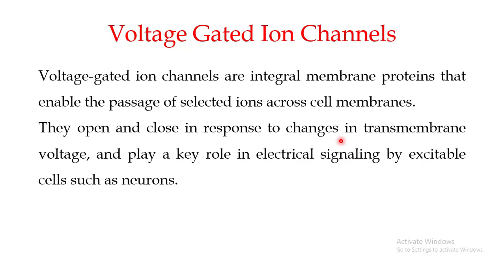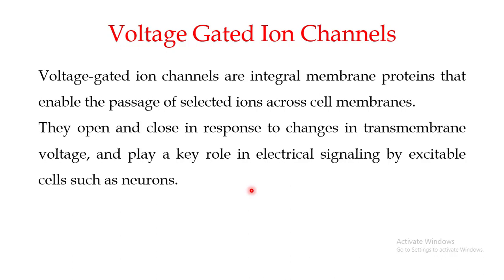In this case, the transmembrane voltage is responsible for the opening and closing of these ion channels, and this plays a very key role in the electrical signaling by excitable cells such as the neurons.